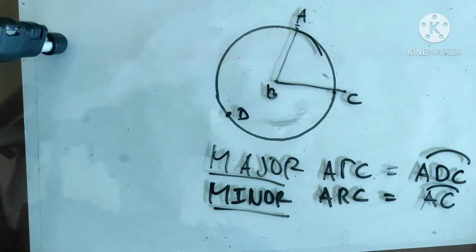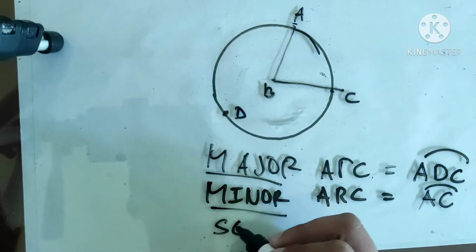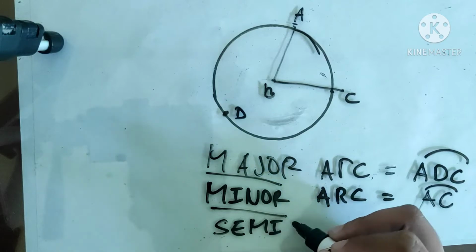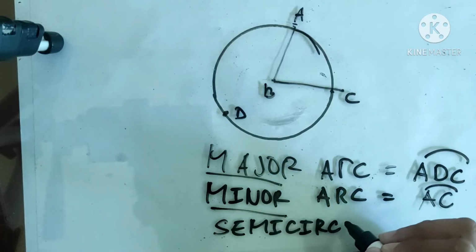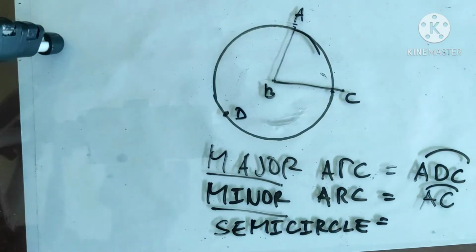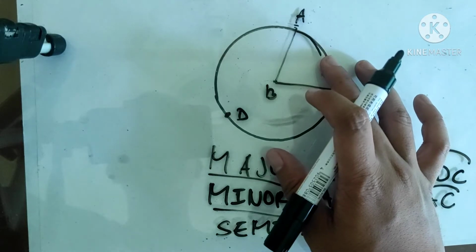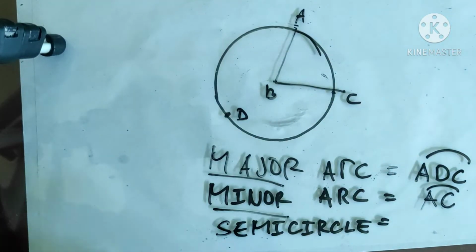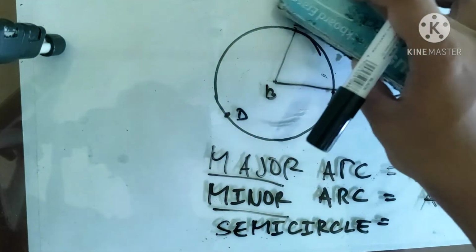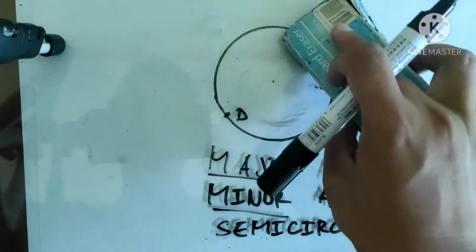Okay? So, that is what we call the semicircle. Semicircle. Okay? So, si semicircle, kasi nga dito, meron tayong pinakamaliit, meron tayong pinakamalaki. So, what if equal sila?